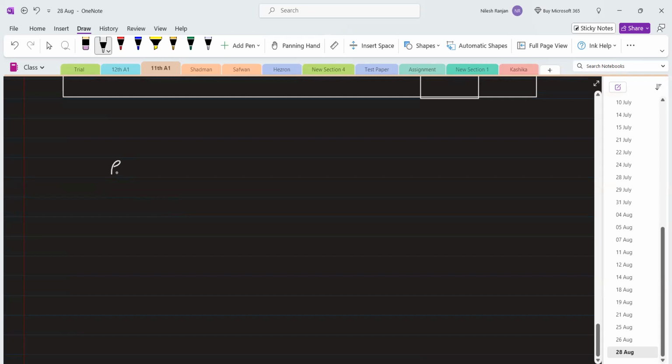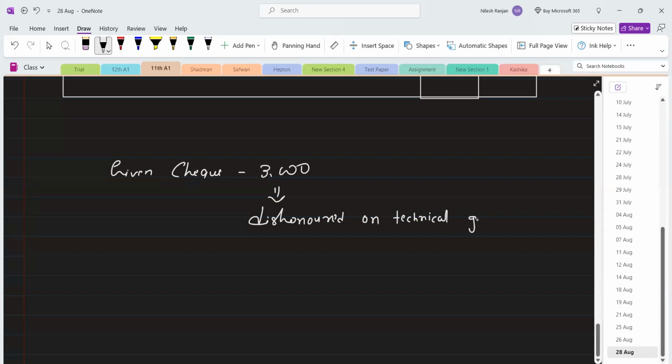If we have given a check to someone of 3,000 and it is dishonored, what should we do now? Dishonored on technical ground means there is some problem in the check. Either there is cutting on the check, or there is a typing or writing mistake, or the number may be incorrect. These types of reasons. Can you tell me what should we do?